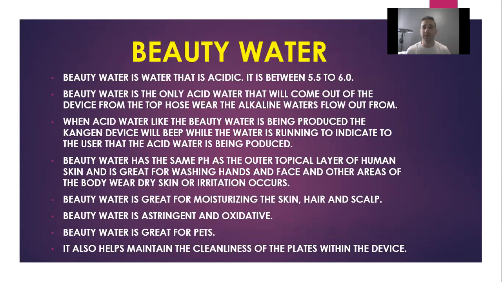And that's how the beauty water is able to come out of the normally alkaline hoses. What this does is it will start to repel any of the alkaline minerals that were building up on the plates. Now that the plates are positive, not negative, they will repel those minerals and they will get pushed off the plates.